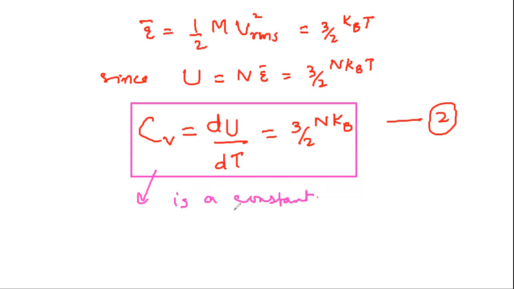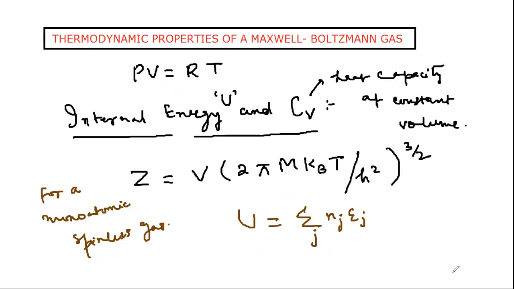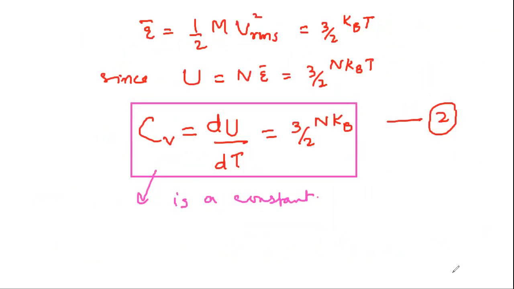So according to Maxwell-Boltzmann statistics, the heat capacity at constant volume is a constant. So next we will discuss, we have found the expressions for two things, internal energy and heat capacity at constant volume. Now we will talk about the entropy.